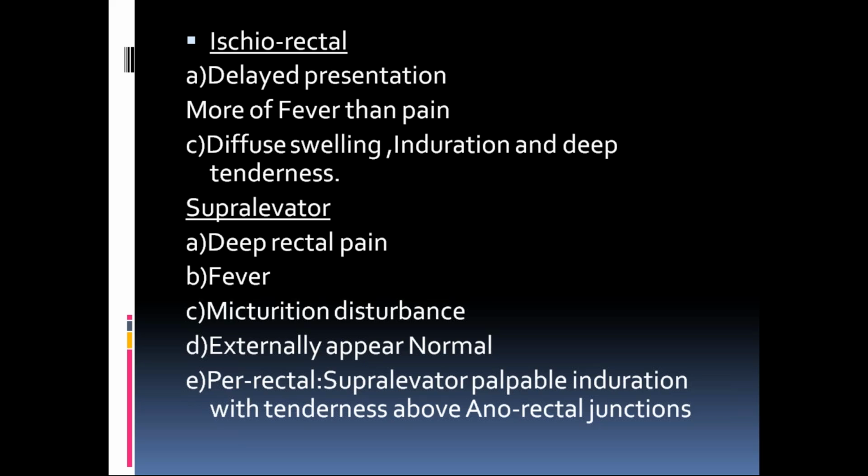If you put a finger above the anorectal junction, about 4 centimeters, and palpate, you will feel some bogginess, a supralevator swelling or induration. If you press hard, the patient will have pain, that is tenderness above the anorectal junction. That will suggest a supralevator abscess.